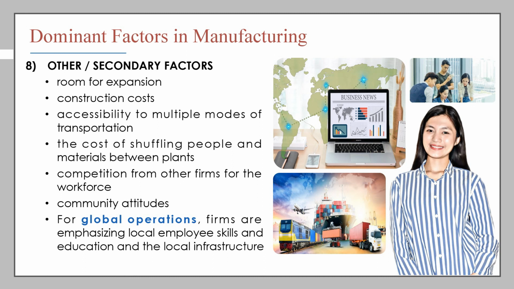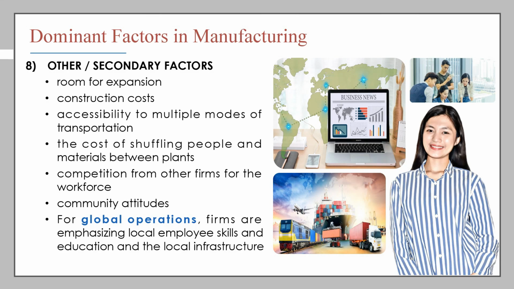Next is the cost of shuffling people and materials between plants, insurance costs, competition from other firms for the workforce, as mentioned earlier, and local ordinances such as pollution or noise control regulation. These are very important as we really have to abide by the law. And at the same time, we have the environmental policy.